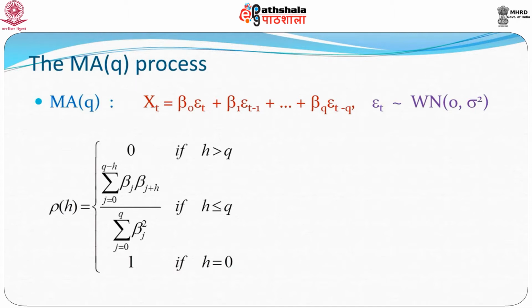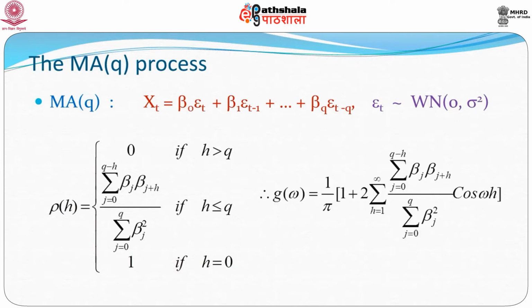Now, given this rho h and using the relationship we have got, we can write g omega as 1 by pi times 1 plus twice the summation over h, where you substitute the rho h value and multiply that by cos omega h. So, this is simple, but it is very difficult to see what is happening here.